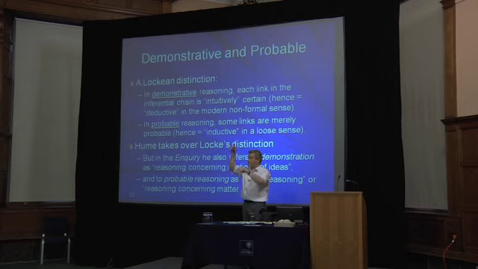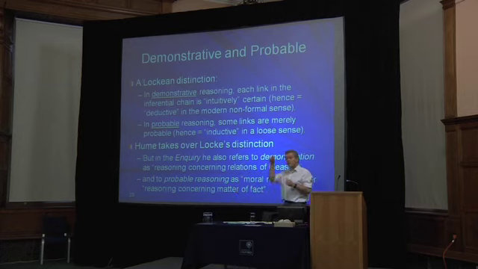And the links that take you from the premise to the first intermediate stage, and then to the next, and then to the next, all those links have to be intuitively certain. So logically, completely watertight, completely obvious.